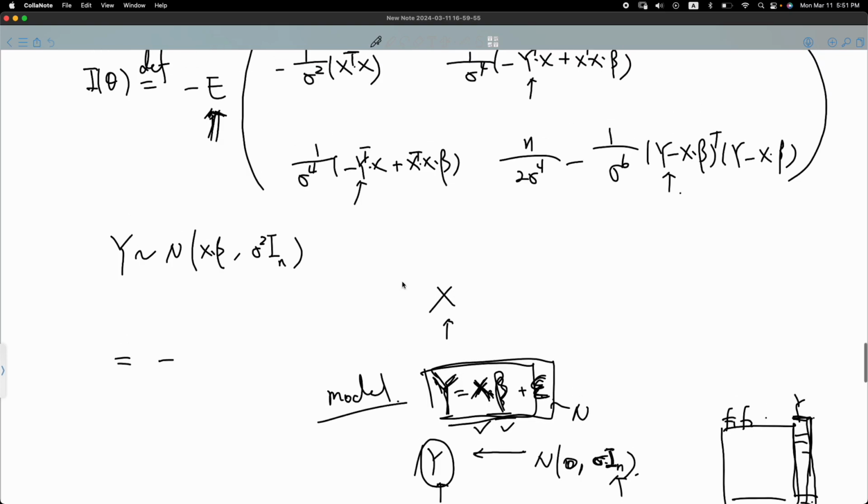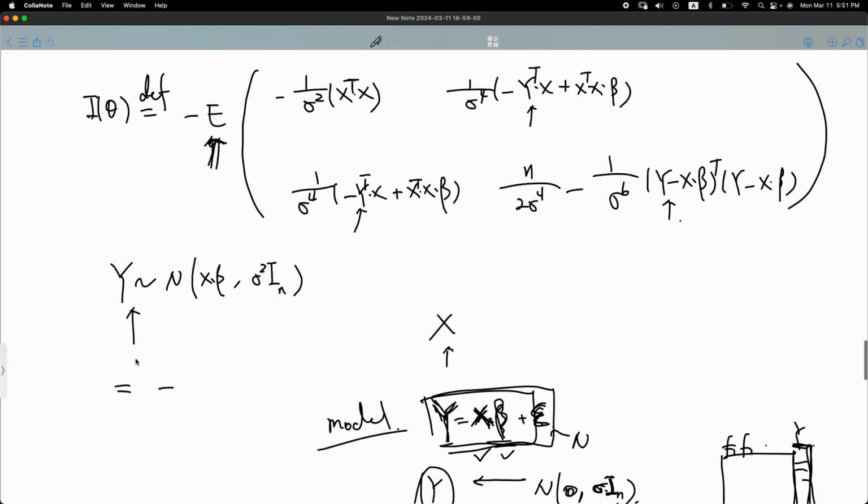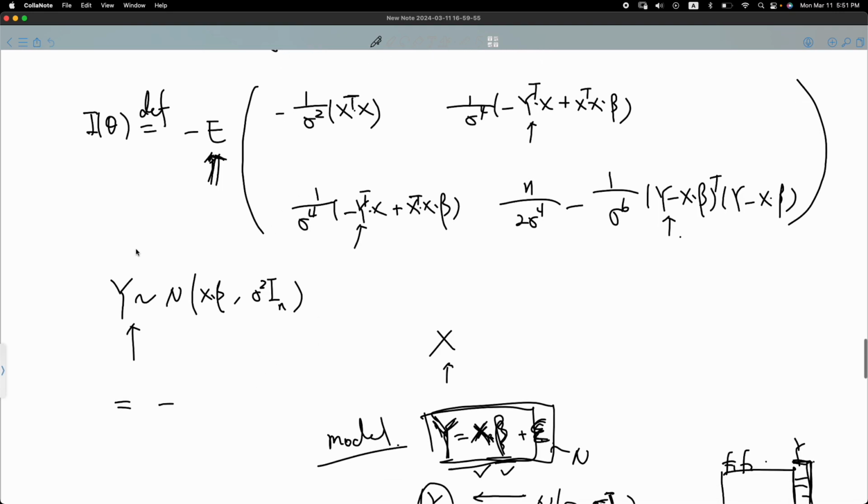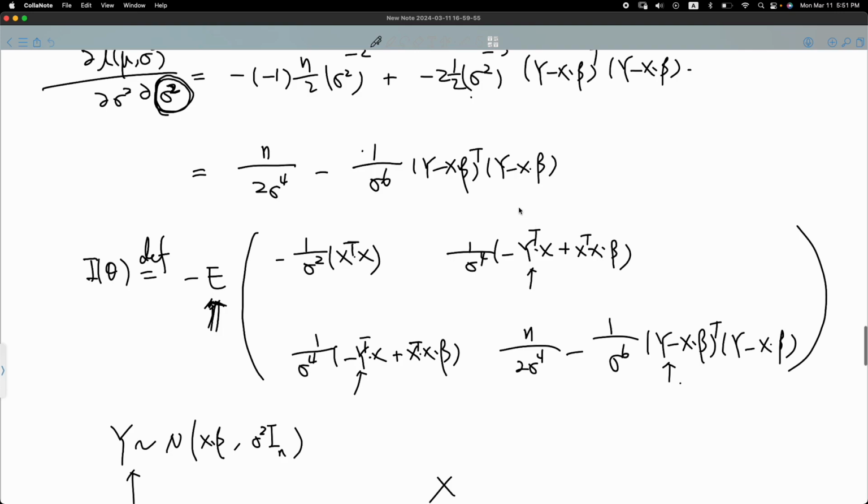Once we recognize that we're regarding y as the random variable, you just make sure that when you evaluate this expectation, you bring the expectation to the corresponding position. For example, this y here is just x transpose.